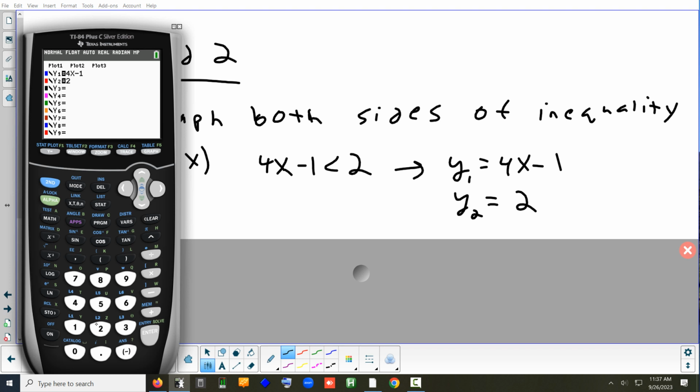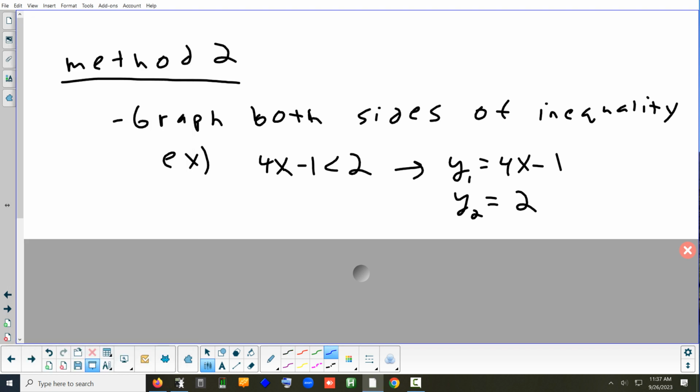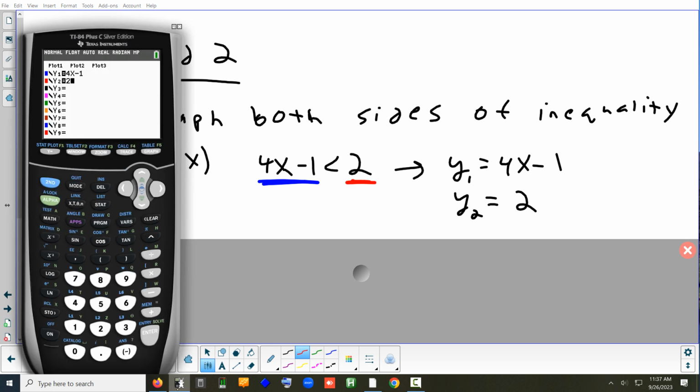Now I did the 4x minus 1 in blue, and I did the 2 in red. What we're looking for this time is where the blue graph is under the red graph. It's going to be the same answer, but we're looking for where the blue is under, or less than, the red. Let's hit graph.